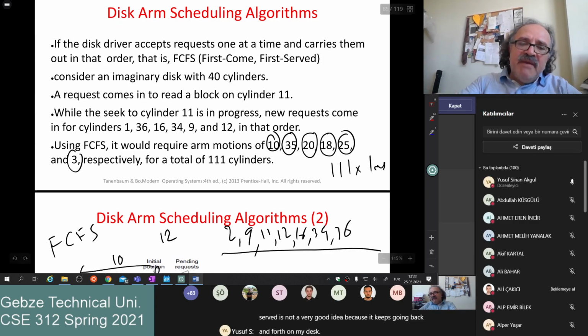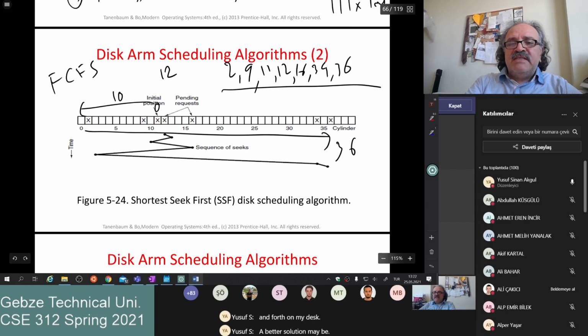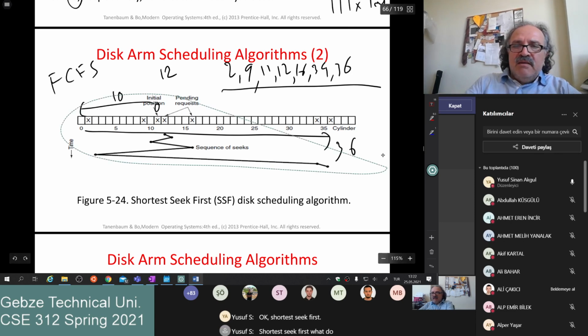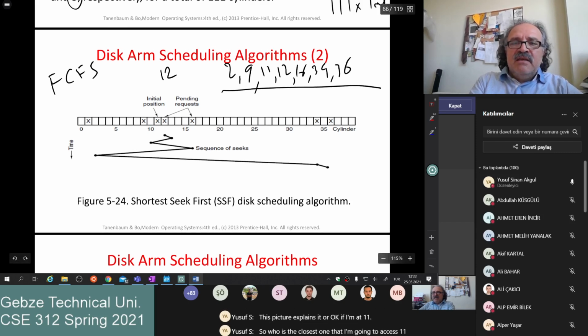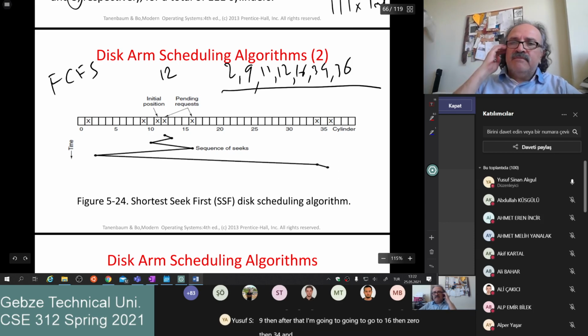A better solution may be shortest seek first. What do we mean by this? This picture explains it. If I am at 11, who is the closest one that I am going to access? 11, I accessed it. Then I am going to go to 12. Then after that I am going to go to 9. Then 16, then 0, then 34 and 36.